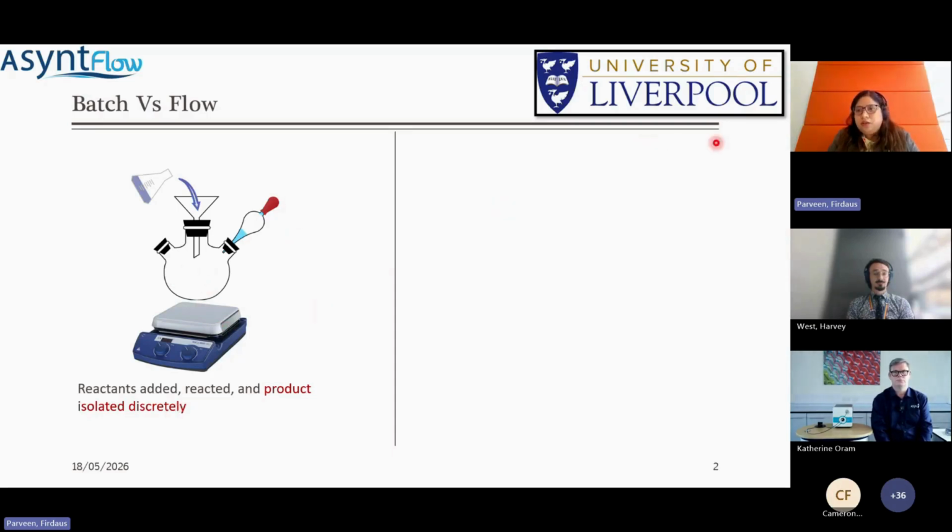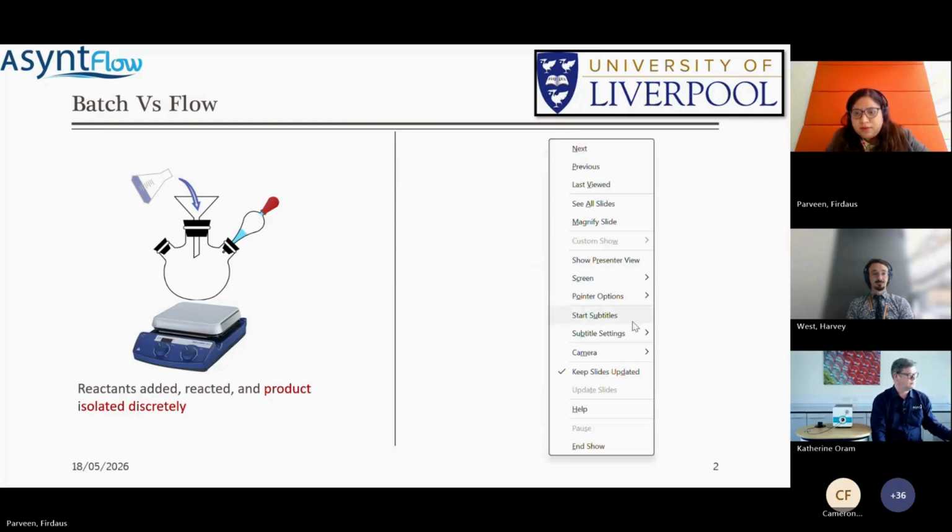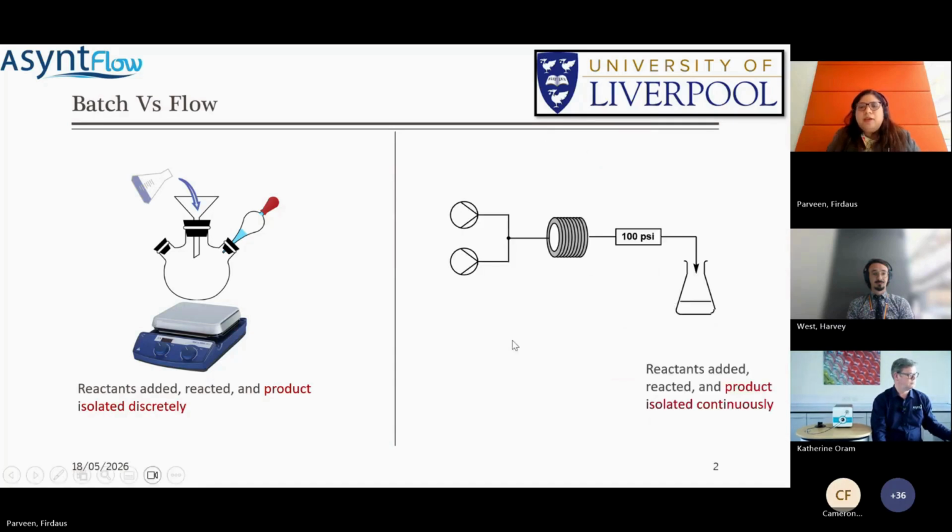But in flow, reagents are pumped into the tubes and reagents react in these tubes. These tubes can be heated or cooled, and products are collected continuously.